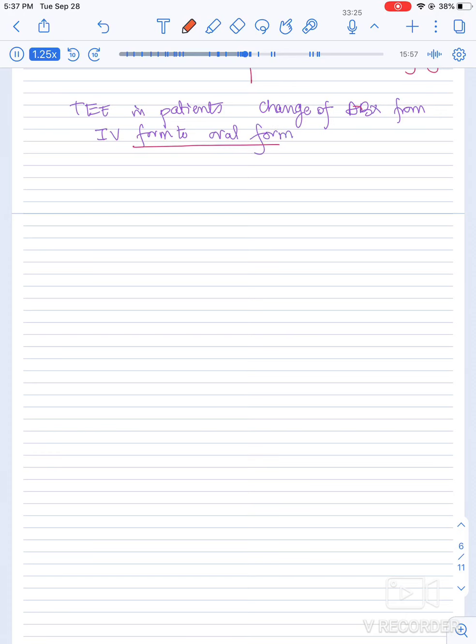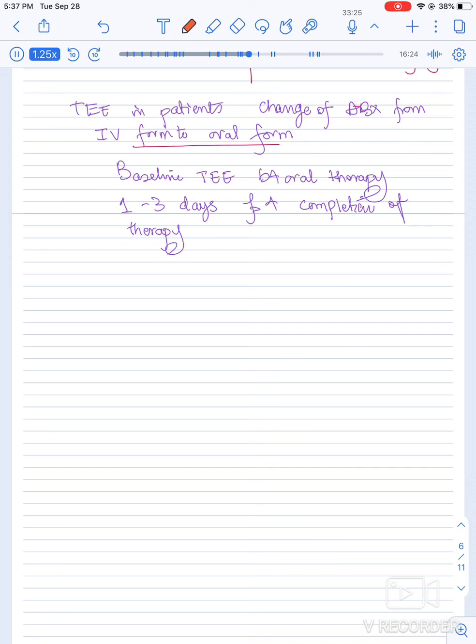Now, what you do in these patients is that you get a baseline TEE before oral therapy, and then you get TEE at 1 to 3 days before completion of therapy to determine the resolution of vegetation, usually at a 2-week mark.